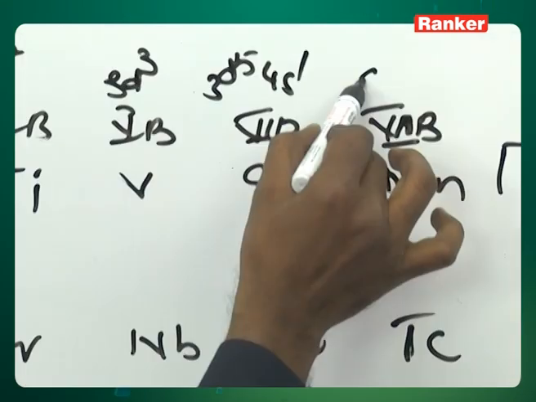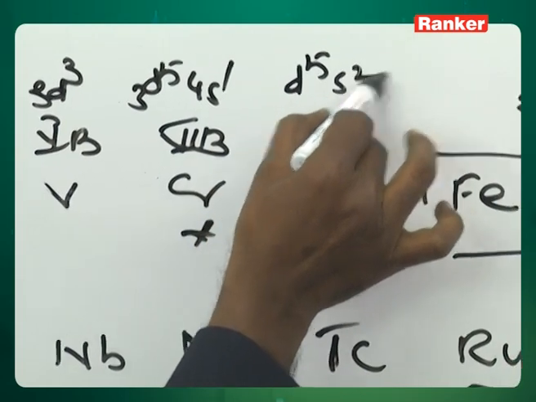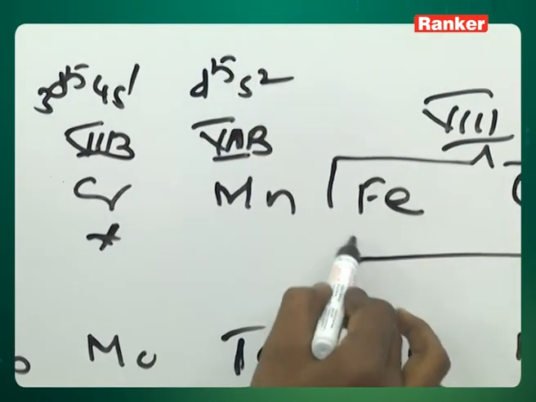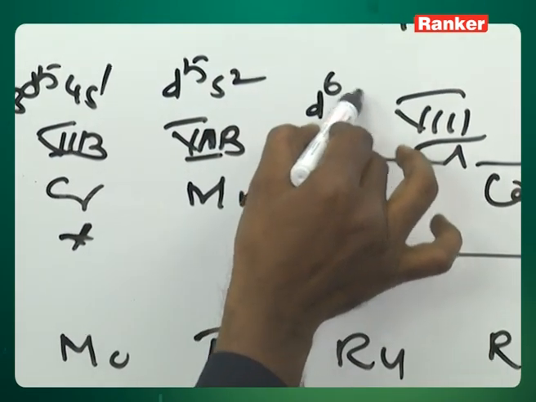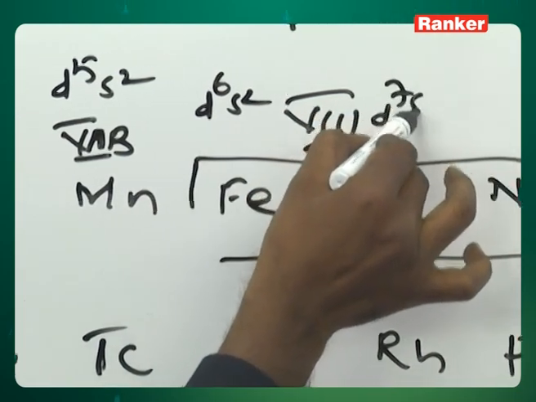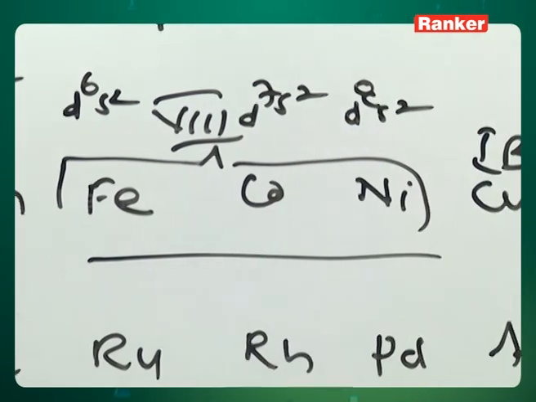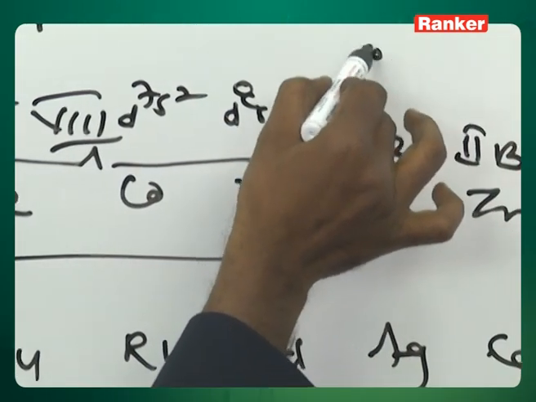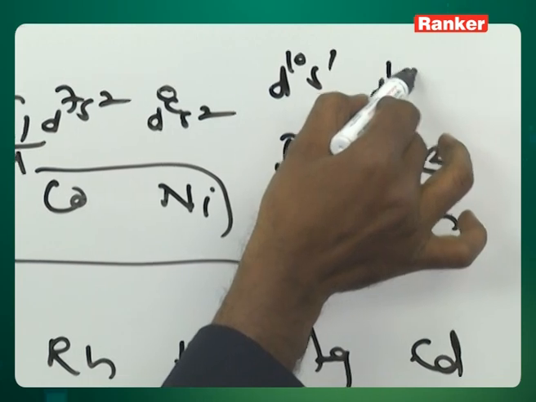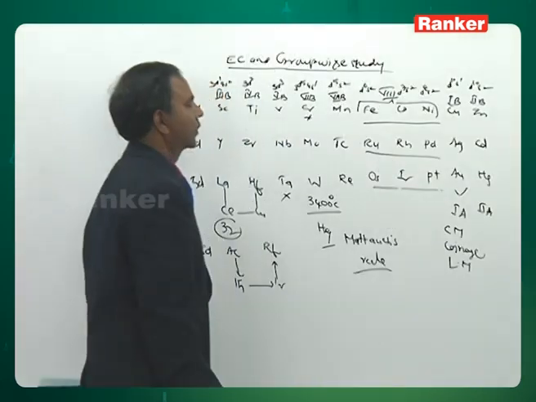Next manganese: d5 and again s2. Iron is simply d6 s2. This is d7 s2. This is d8 s2. In the case of copper, you know well, it is d10 s1. This is again d10 s2.